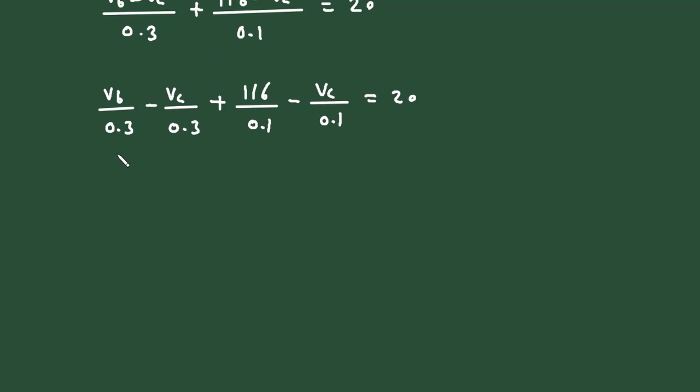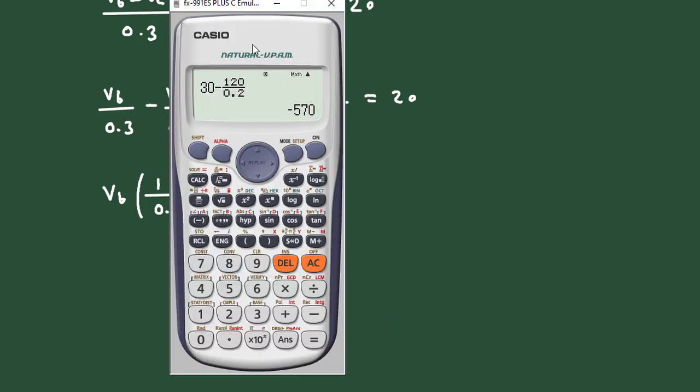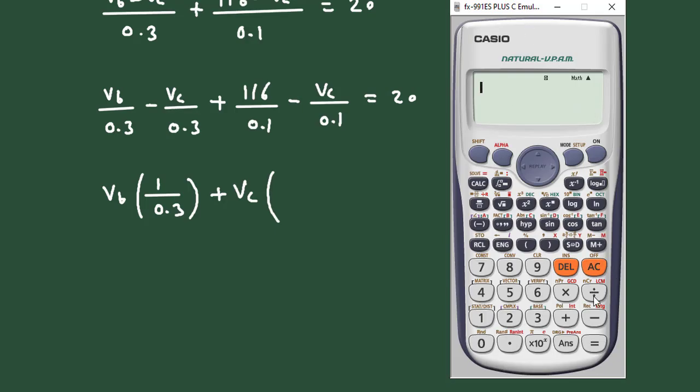So here we take VB common, it will be VB times 1 upon 0.3. Then we take VC common, so in the bracket this will be minus 1 upon 0.3 minus 1 upon 0.1.